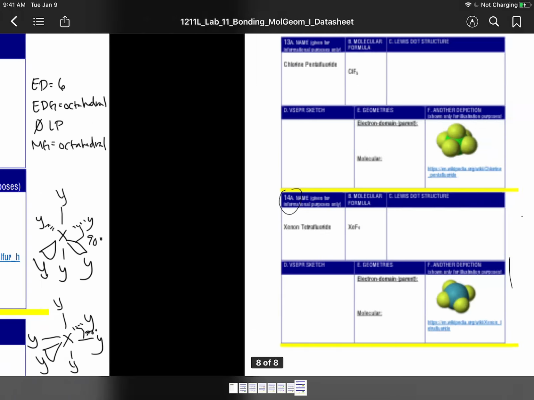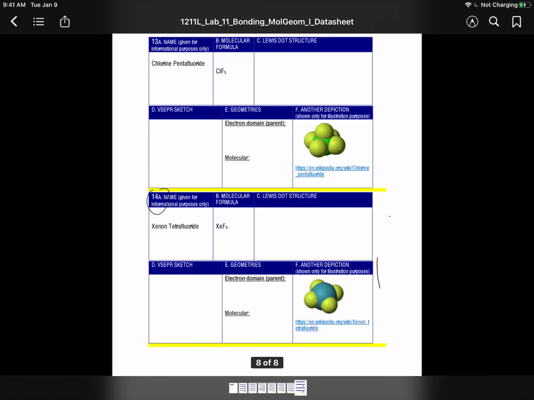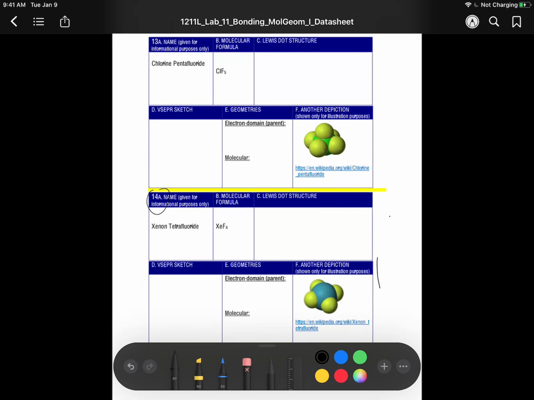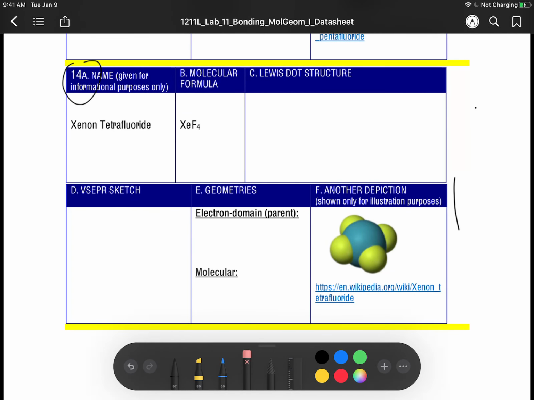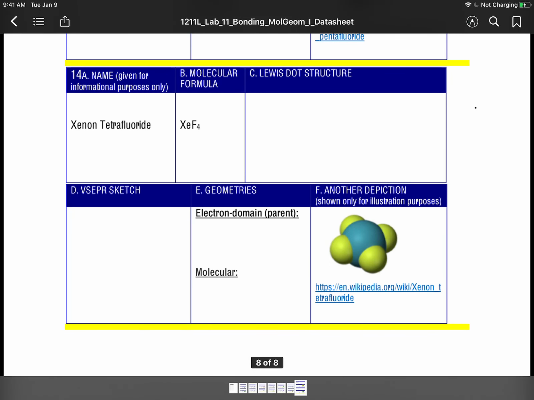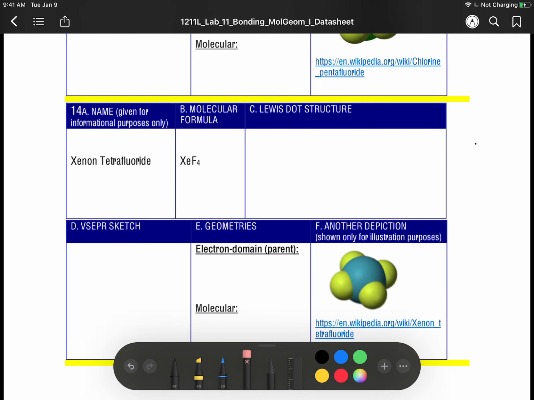And let's try one more. Let's do xenon tetrafluoride. So here, if we were to draw our Lewis structure, we'd have xenon here, surrounded by our 4 fluorines.